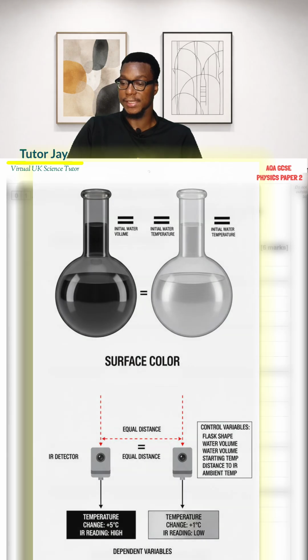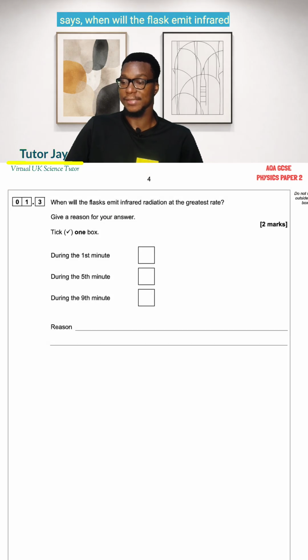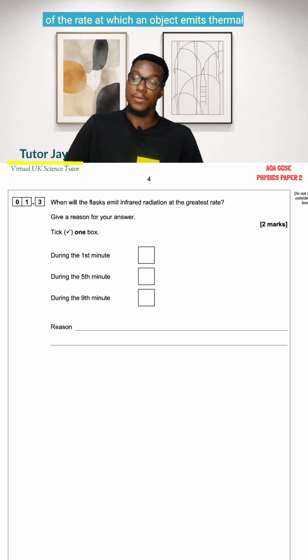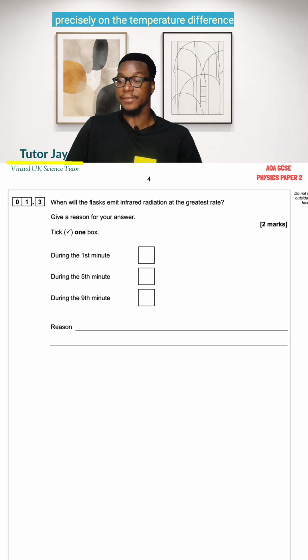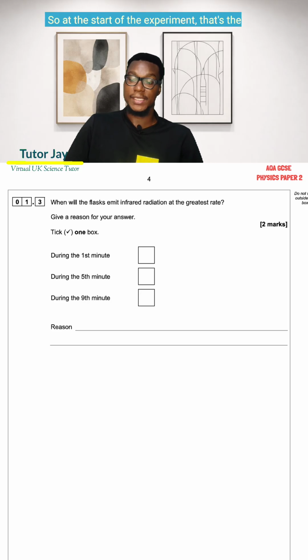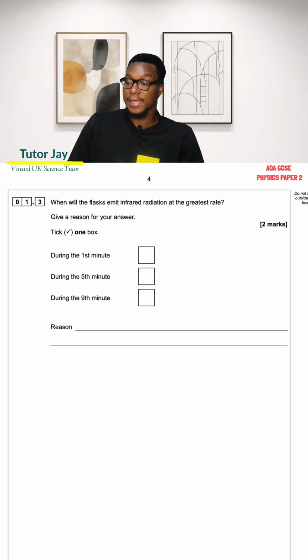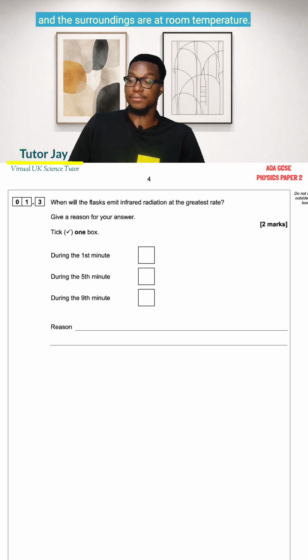Then question 3 says, when will the flask emit infrared radiation at the greatest rate? Give a reason. We know that the rate at which an object emits thermal radiation depends on its temperature, more precisely on the temperature difference between the object and its surroundings. At the start of the experiment, that's the first minute, the flask contains hot water and the surroundings are at room temperature.